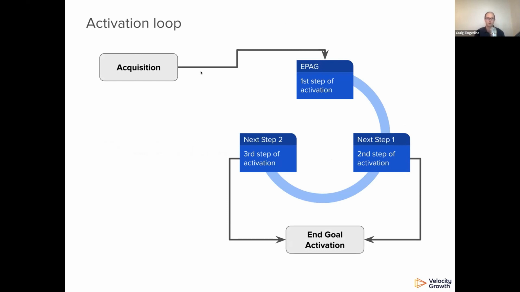So for us, with training, for example, the first step of our acquisition to activation handoff would be that somebody signs up for a free training program or something like that. But there's all these other steps that you likely have to go through to lead your customer down the discovery and buying process. And so we just call these next step activation goals.